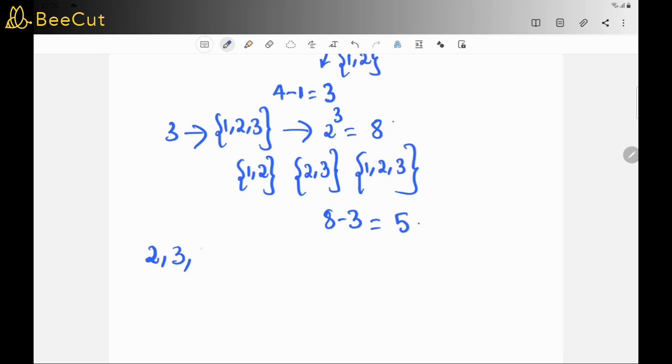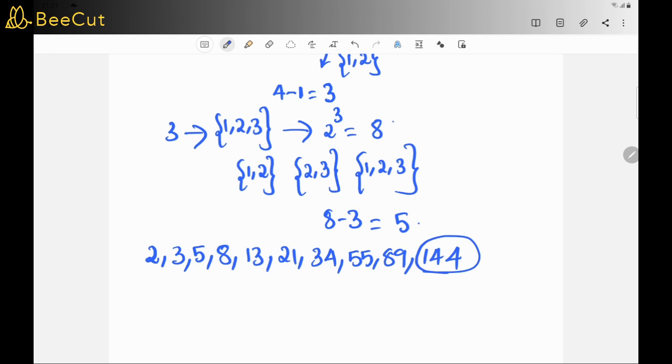Had there been 3 terms in the series, the number of subsets that can be formed containing no two consecutive integers is 5. Similarly, had there been 4 terms in the series, it would have been 8, followed by 13, followed by 21, followed by 34, followed by 55, followed by 89, followed by 144.